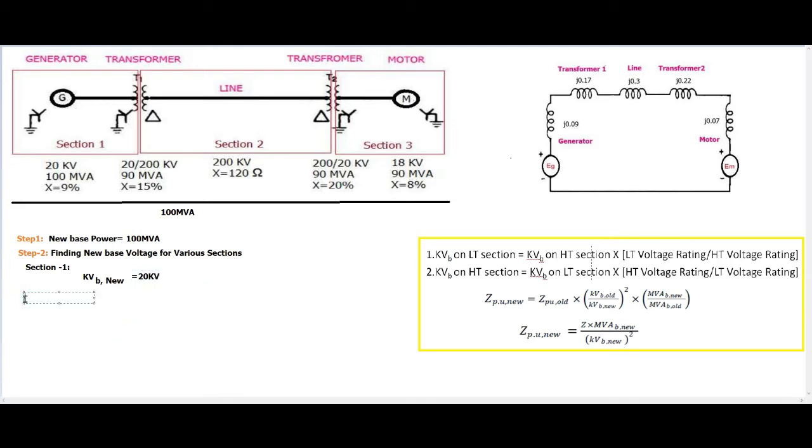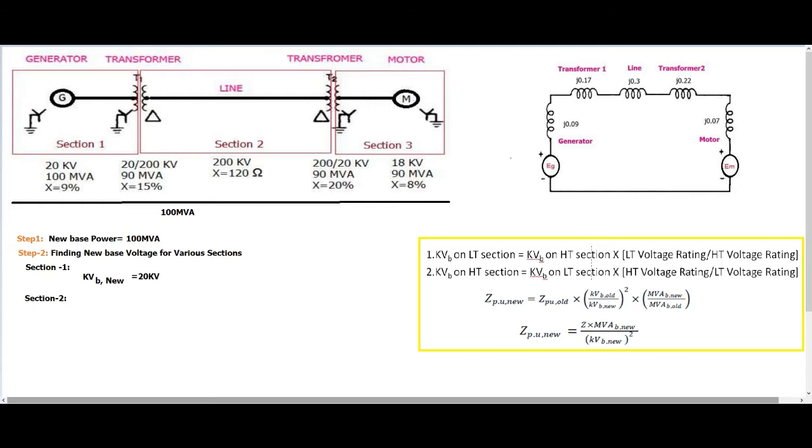Now for section 2, what is section 2? How will you find it? With the help of the transformer ratio. In section 2, the HT winding is available. With the help of the voltage on the LT section, we are going to find it for section 2.